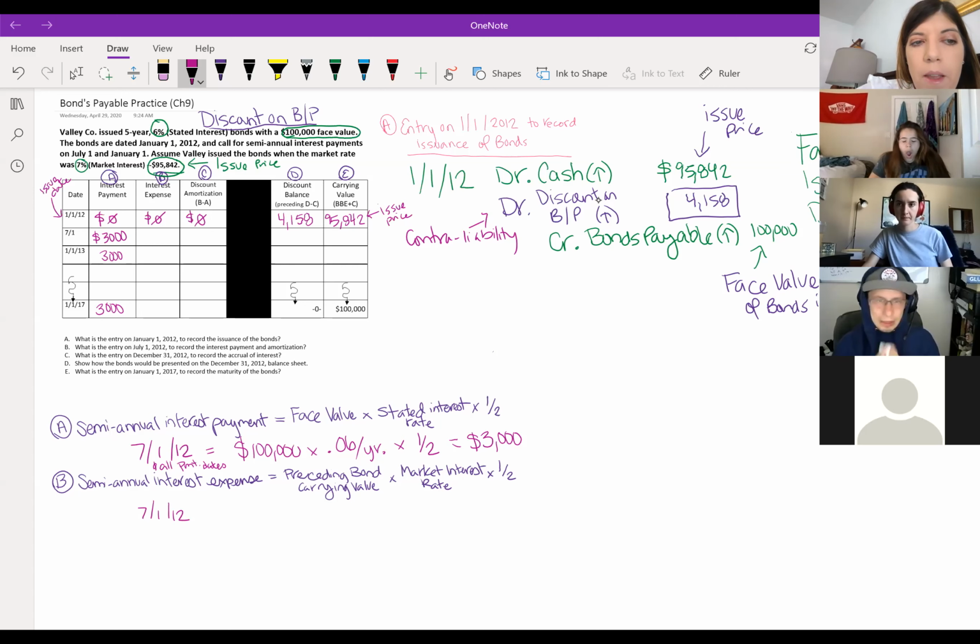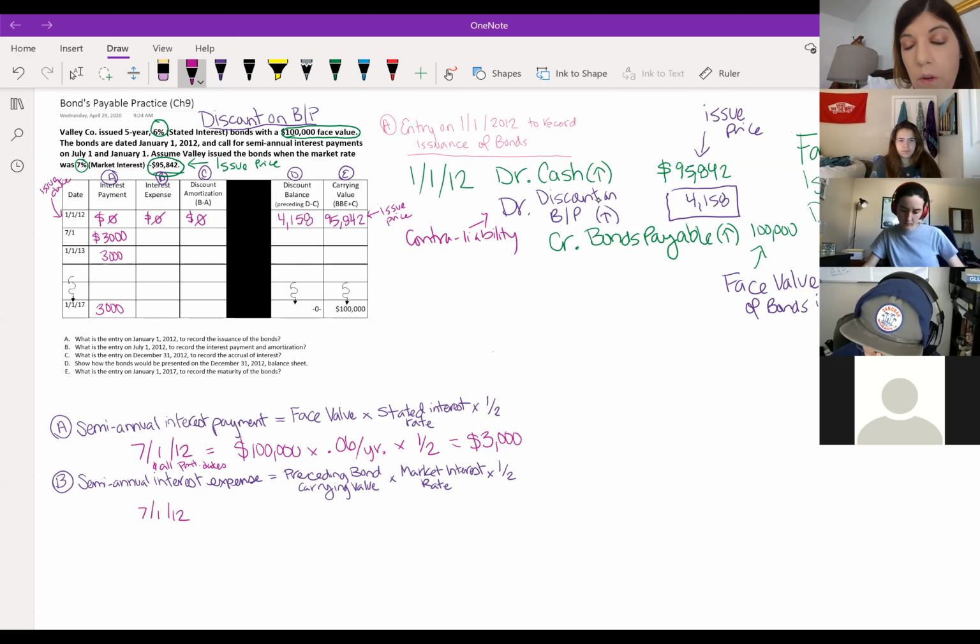For the semi-annual interest expense, it's a little bit different in the calculation because we're using the effective interest method. So we're taking into account the market interest rate on the date of issuance, as well as the carrying value. And the carrying value is the preceding bond carrying value, so the bond carrying value at the beginning of the period for this interest.